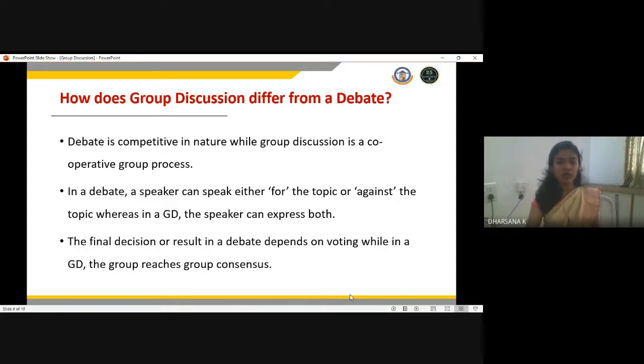We can both support and disagree with the topic. And the final decision or result in a debate depends on voting, while in group discussion, the group reaches a group consensus. Clear?